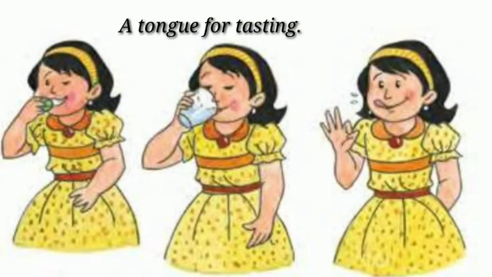Now students, coming to page number 46, a tongue for tasting. Here a conversation is going on. We will read it out. As usual, we had all gathered in the garden in the evening. Monica Tai said, "Shall I tell you something funny about our tongue?"